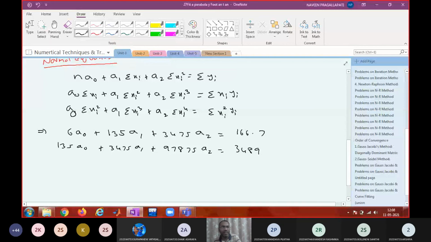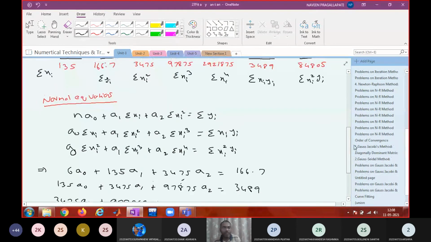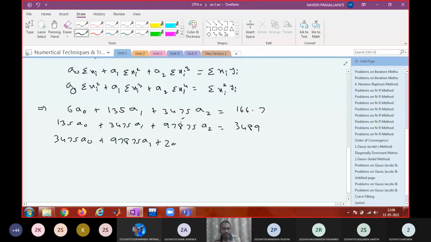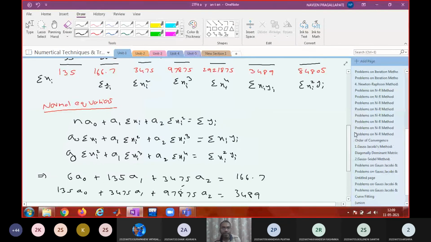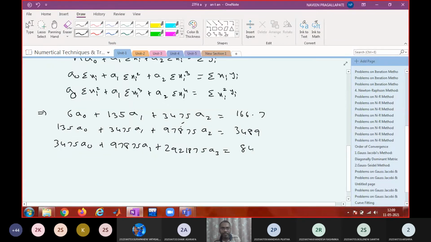So what are the values of a0 and a1? I'm having a problem with my writing again. What are a0, a1 and a2?